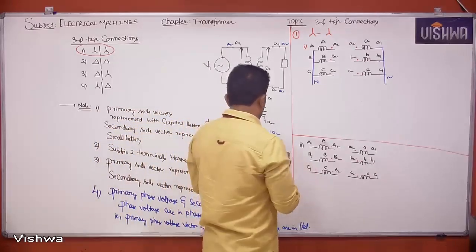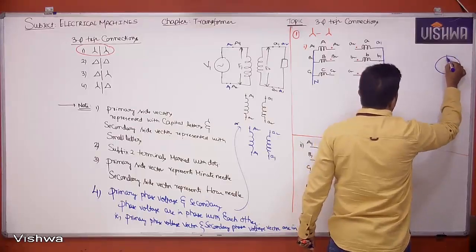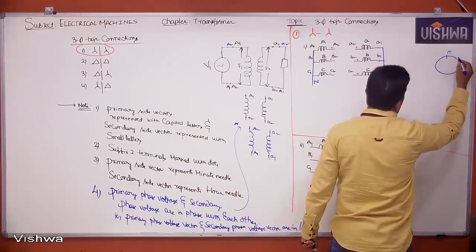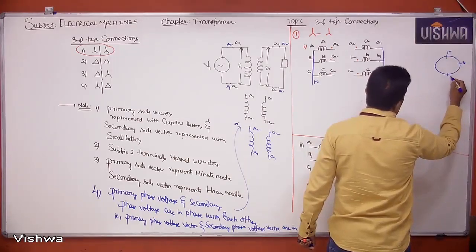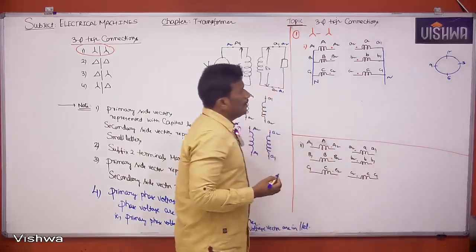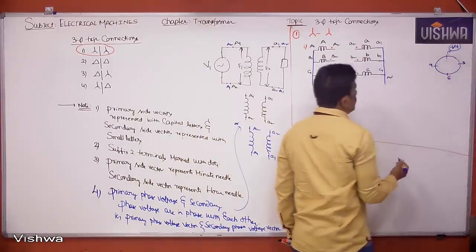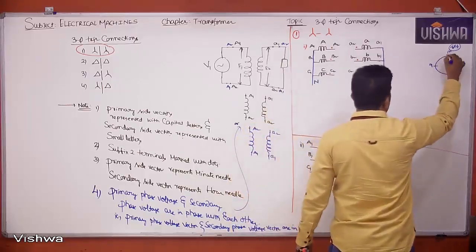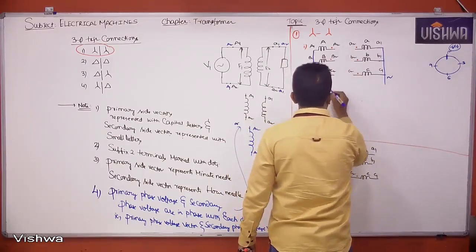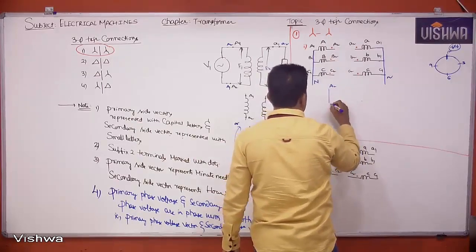Now observe clearly. In a clock, this is 12 o'clock, this is 3, this is 6, this is 9. So 12 o'clock is the reference for us. I'll take that here also on the primary side. Suppose I take A2, B2, C2 terminals like this.